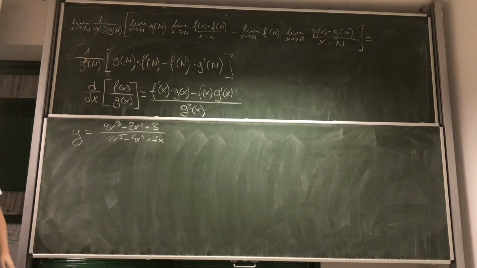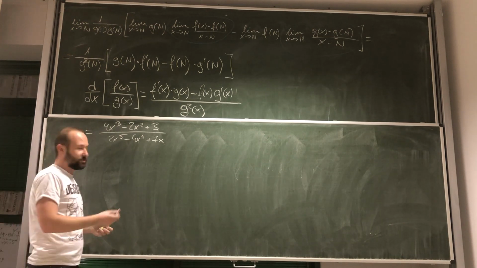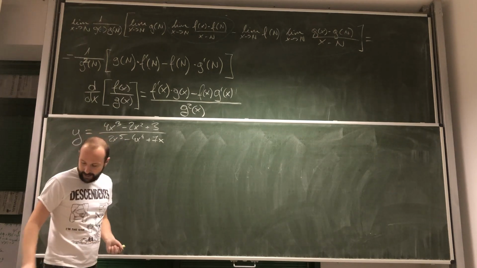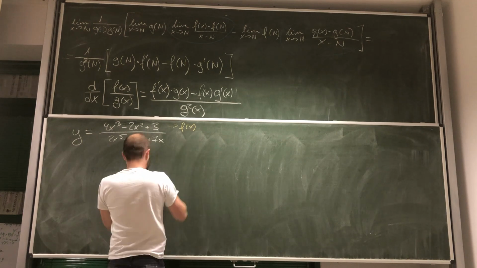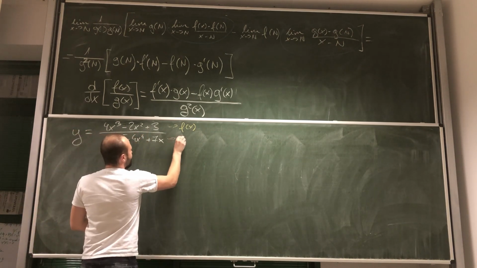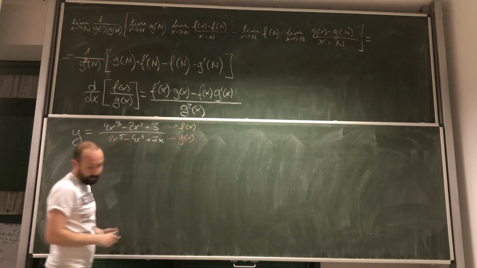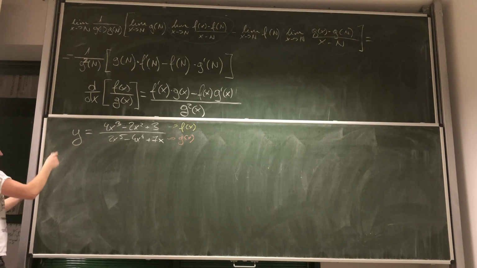Okay, and just as in the case of the product rule, we can imagine that this is our function f(x), and this is our function g(x).